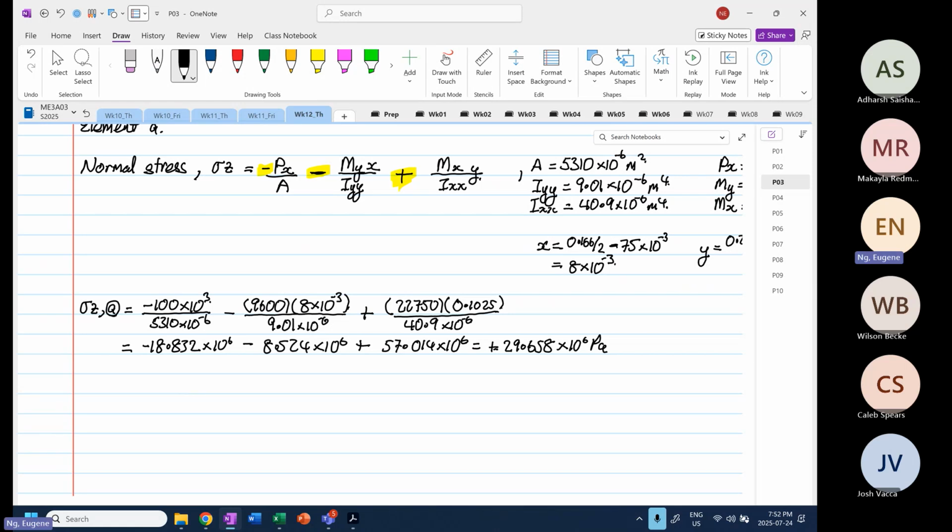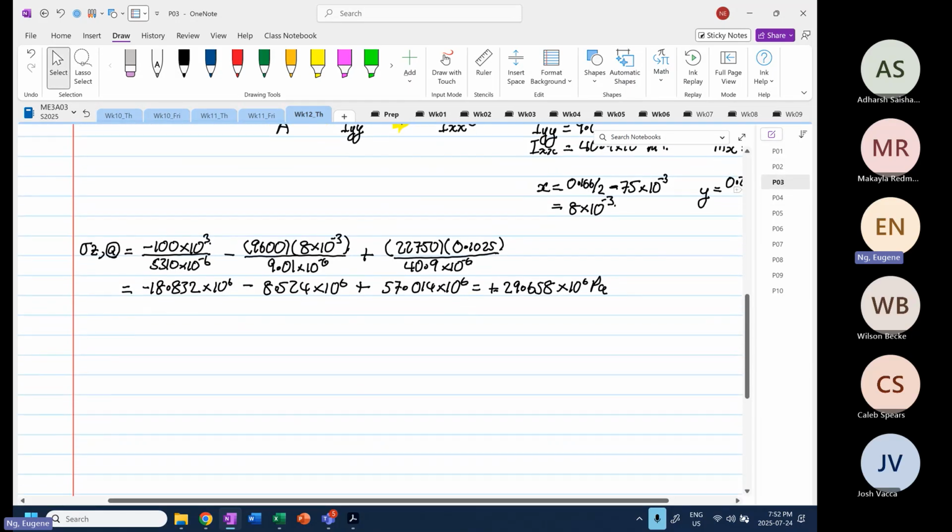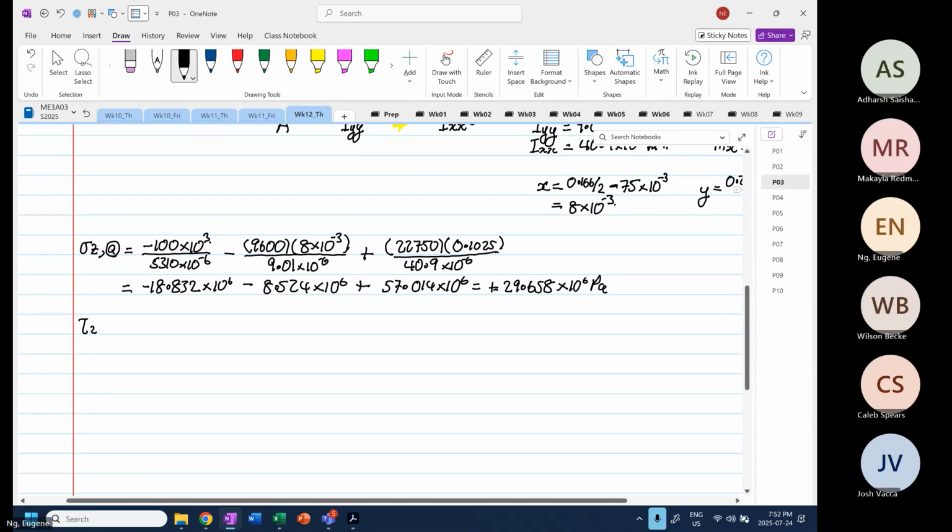Now let's focus on the shearing stress. The shearing stress of element A. It's not difficult. You guys have done it before. The different thing now is we have two force components. We are aware that for element A it is shear ZX. So we have two force components, right?